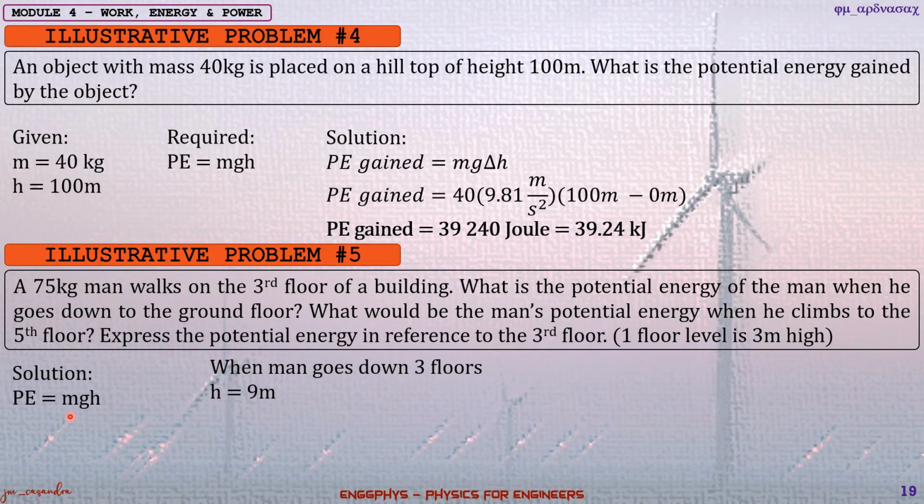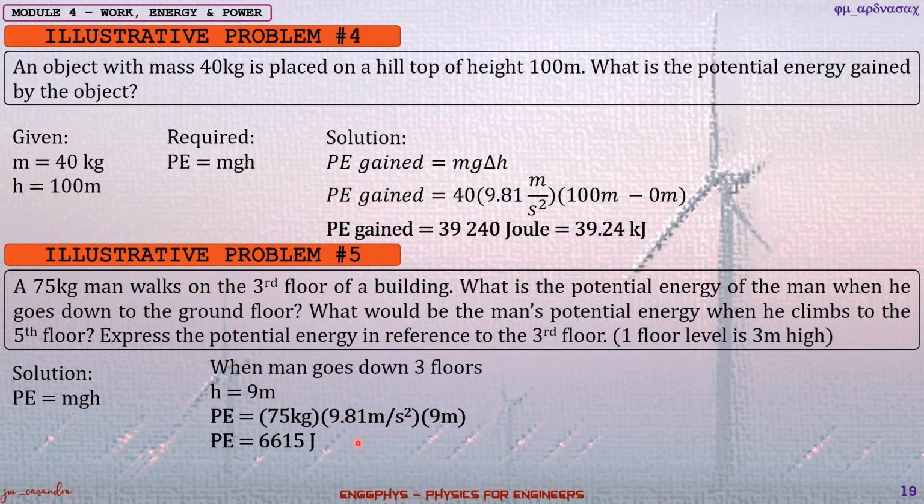With that, we substitute mg and the h. So we have PE is equal to 75 times 9.81 times 9. This will give us a value of 6,615 joules.